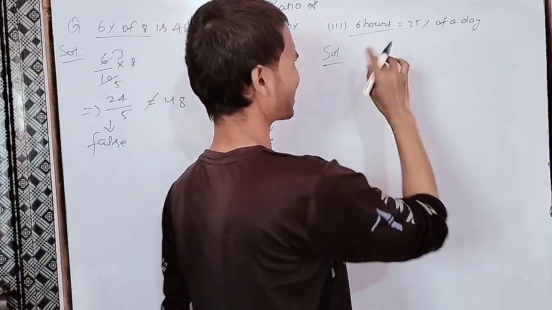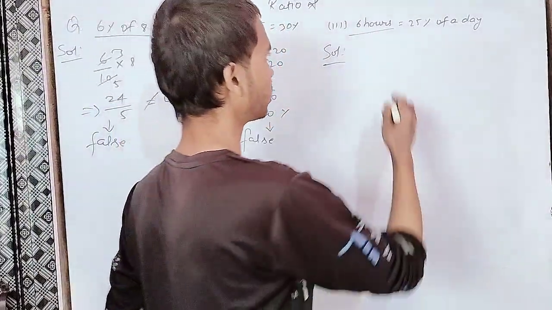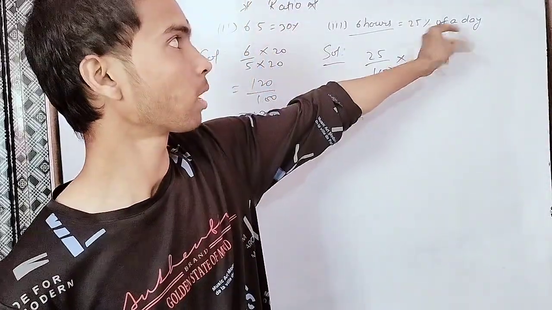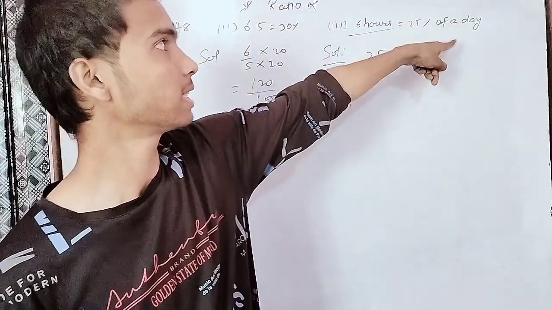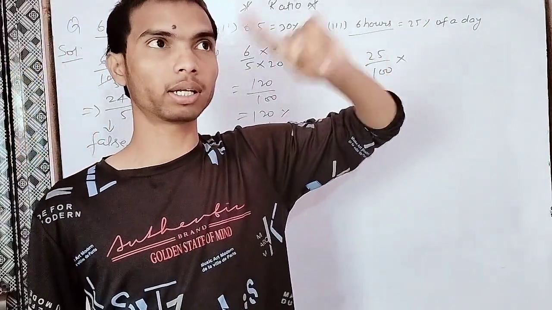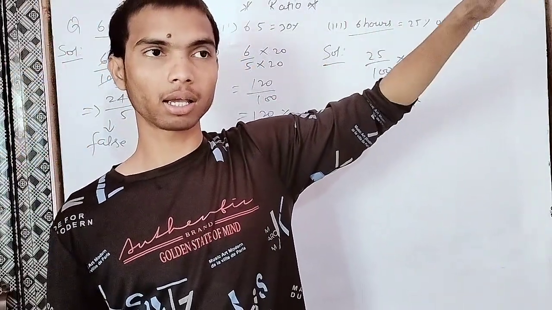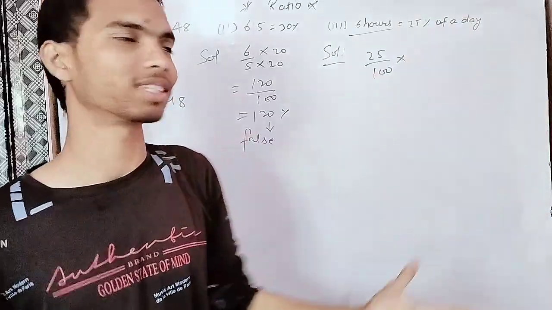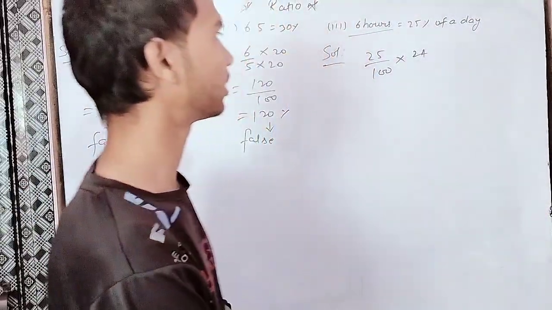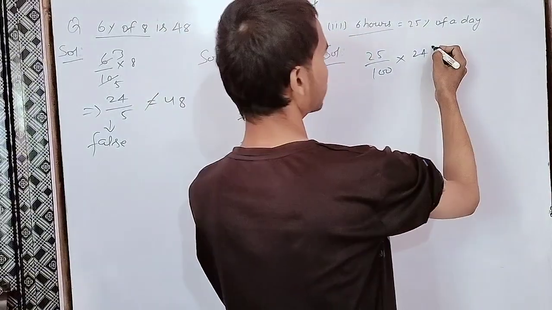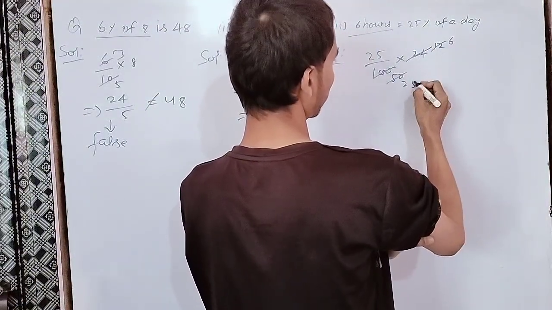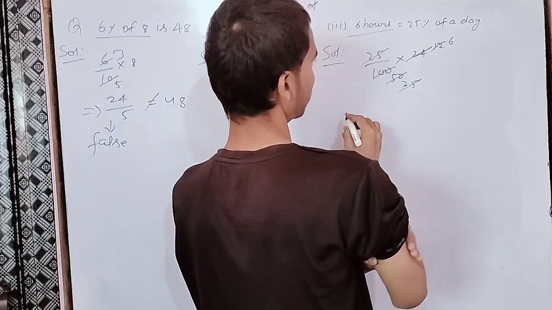Now, this is simple. Let's simplify it. 25 over 100. Here this is in hours and this is in days. We can convert a day into hours. A day is equal to 24 hours. Then 12 times 50 and 6 times 25 cancel out.